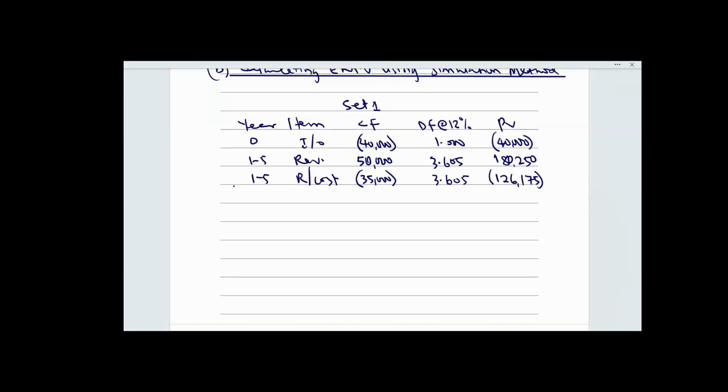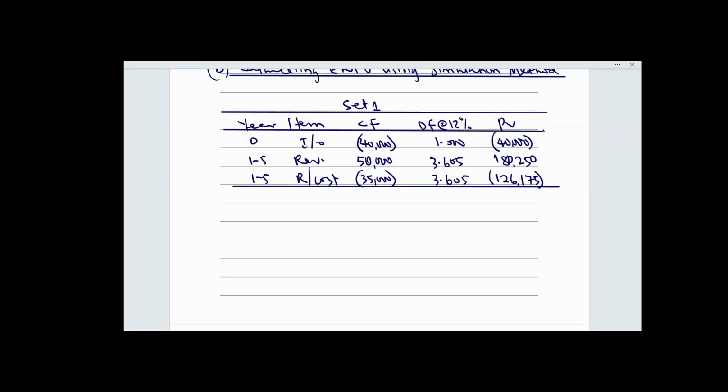What's the final answer? 14,075. That is the expected NPV for set 1. We then do set 2.